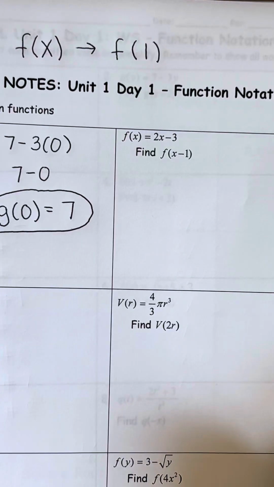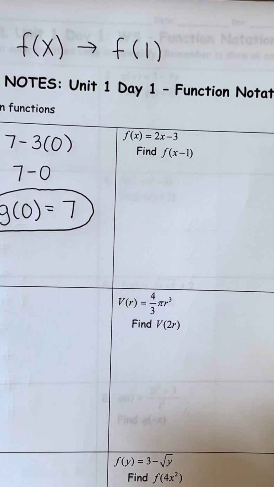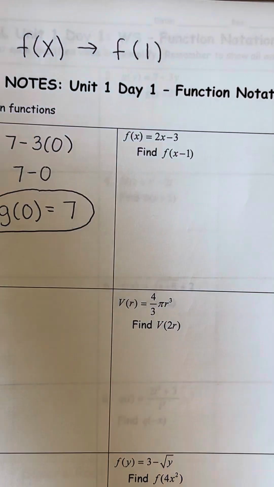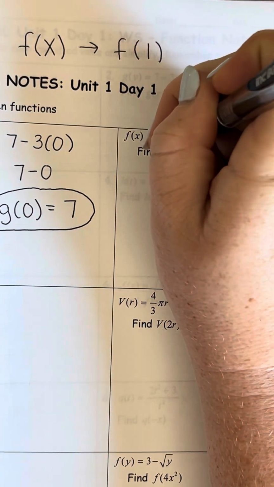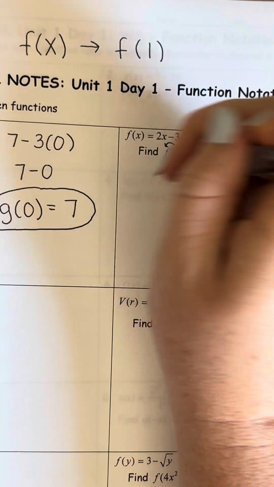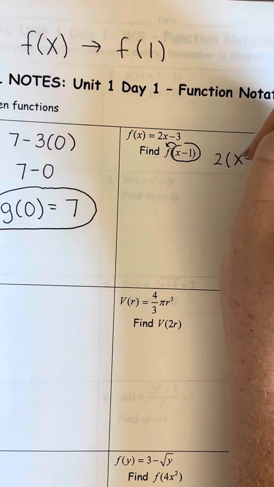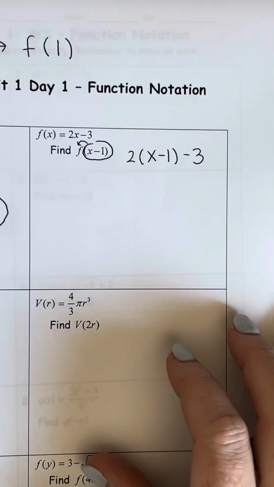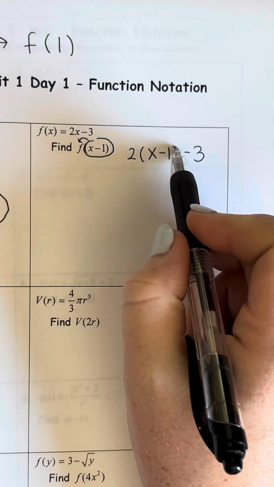This second one is asking us to plug in x minus 1. So if it's telling you to plug in essentially another equation or expression, you're gonna get an expression back. So we're gonna take this whole x minus 1 and plug it into that f equation. So it's going to look like, we went ahead and replaced that x with this whole entire x minus 1.